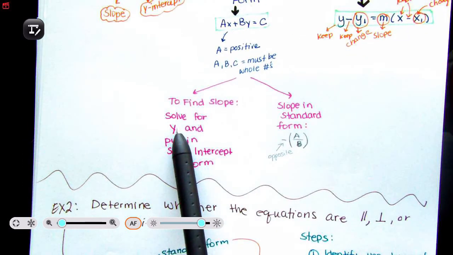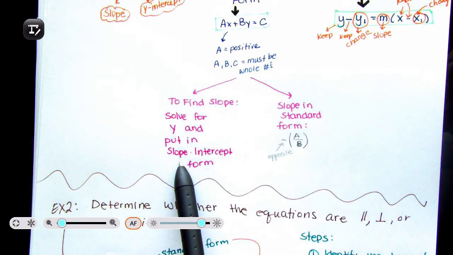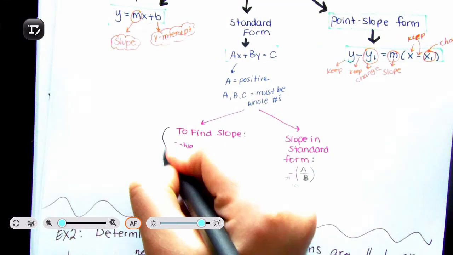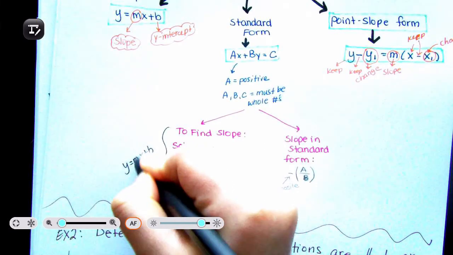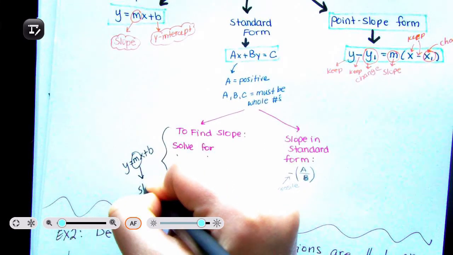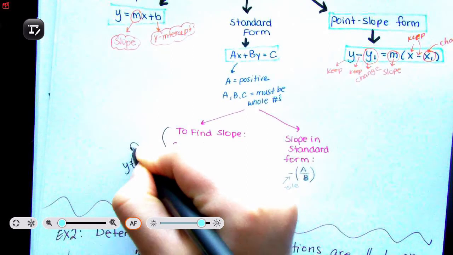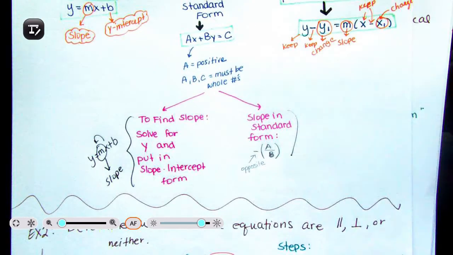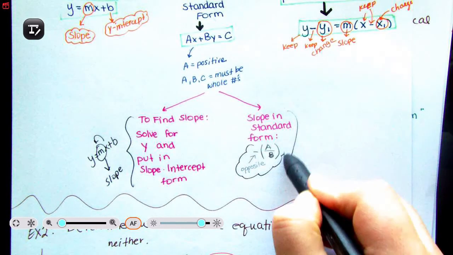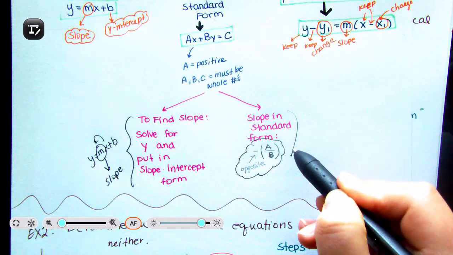You can solve for y and put it in slope-intercept form, so make it look like y equals mx plus b, and then find your slope, whatever is in front of x. Or you can find your slope by using the formula in standard form of opposite a over b.